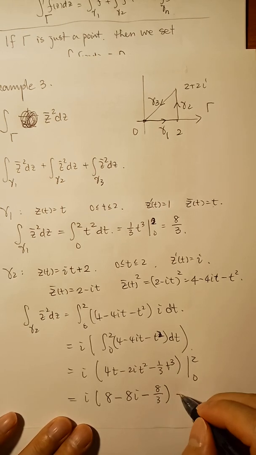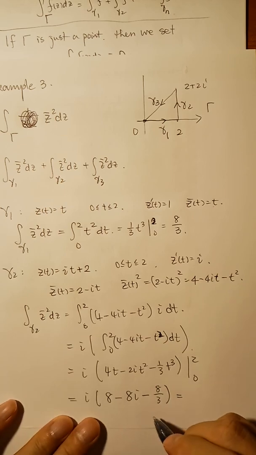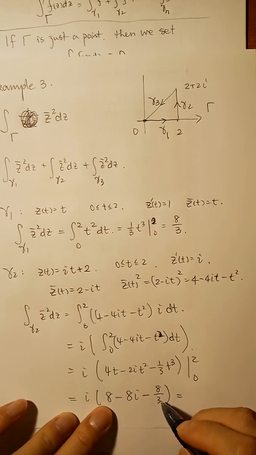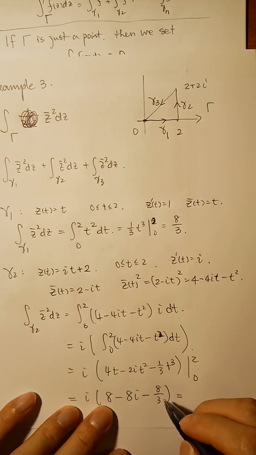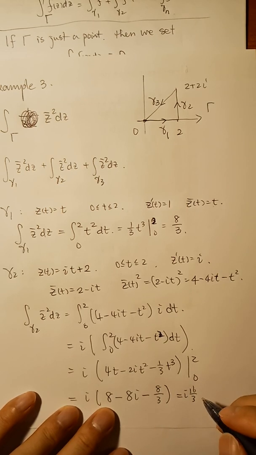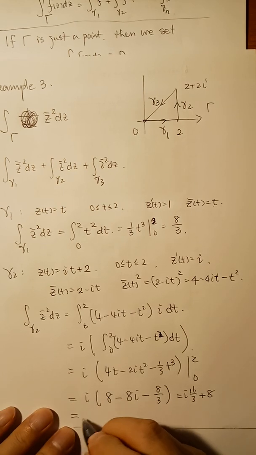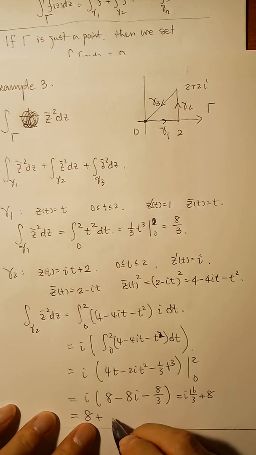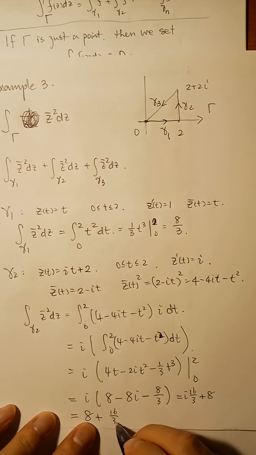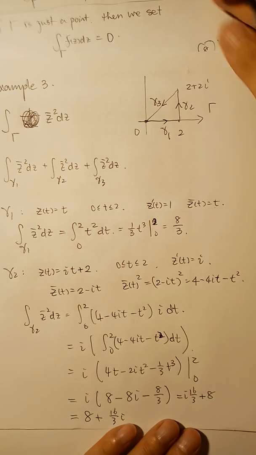It's 8. So 8 minus 8 over 3 is 16 over 3 times i. And here is plus 8. So it's 8 plus 16 over 3 times i. Okay, so this is the integral along the second curve.